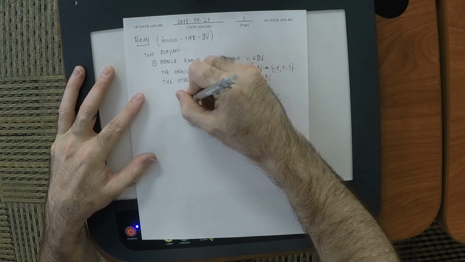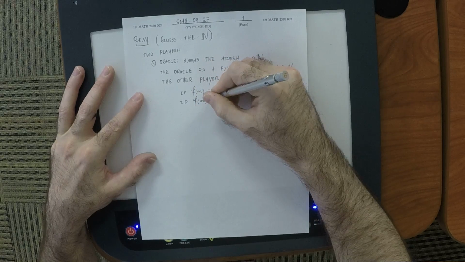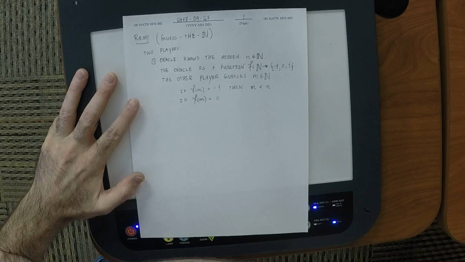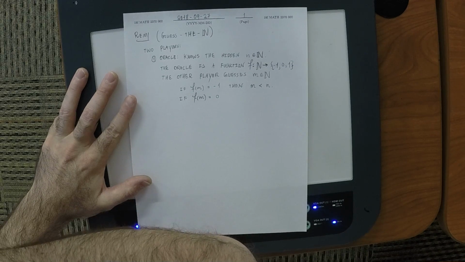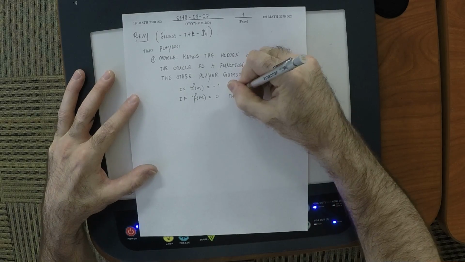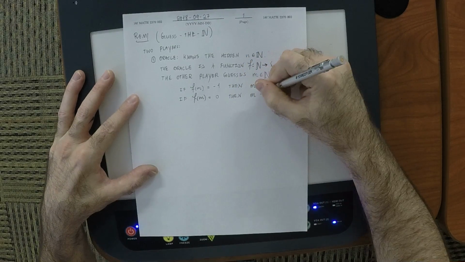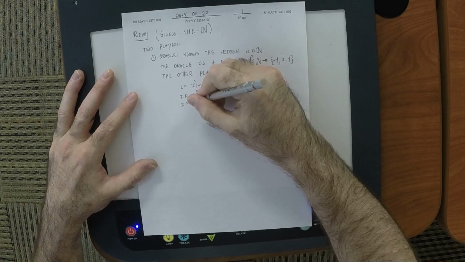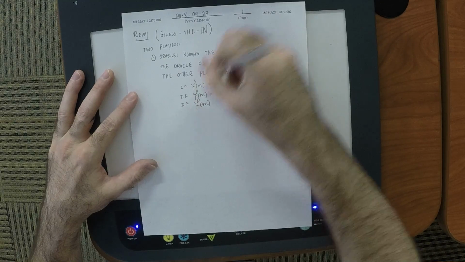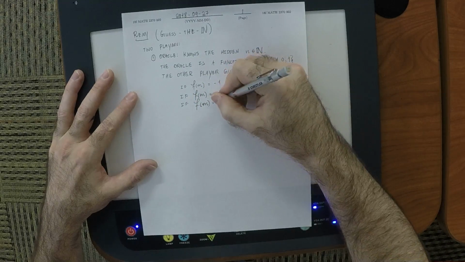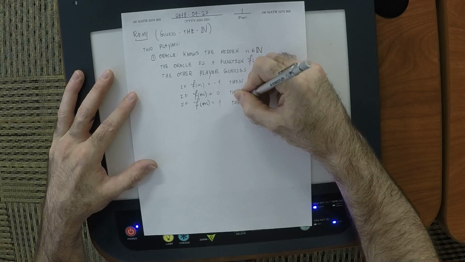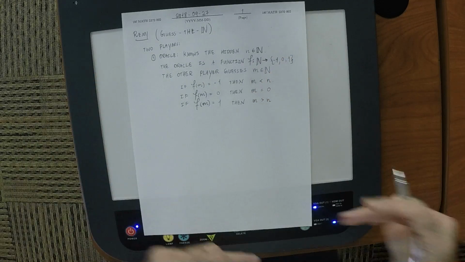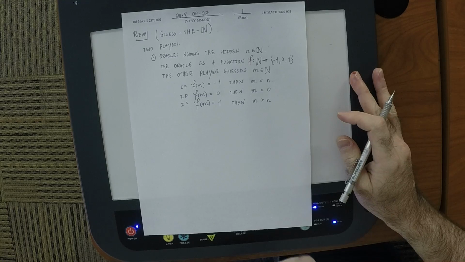If f of m is 0, so the player's guess is m, and the oracle responds with 0, that means you got it. That's how to interpret that. And finally, if the player guesses m and the oracle responds with +1, then what does that mean? Yeah, it means that m is greater than n, which in the game is interpreted as too big. All right.